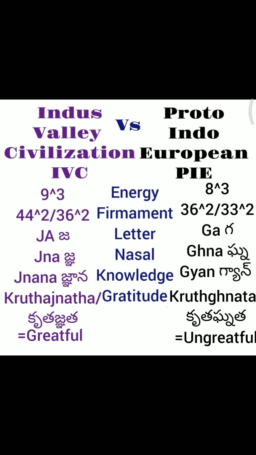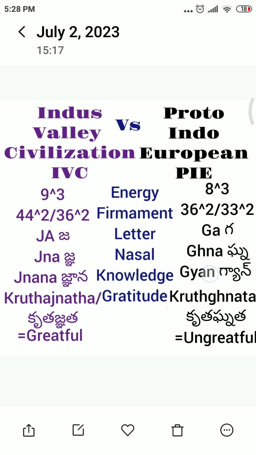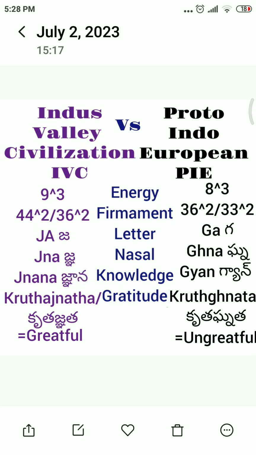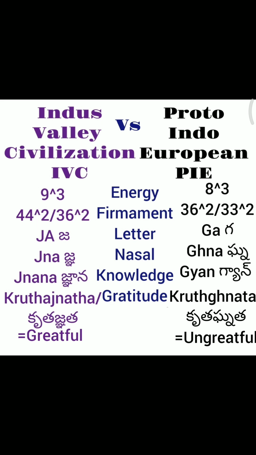I always used to wonder why these people, the Indians from the north, call knowledge gyan and not jnana, as it is pronounced in Sanskrit. Basically, this is the Sanskrit pronunciation, gnana.